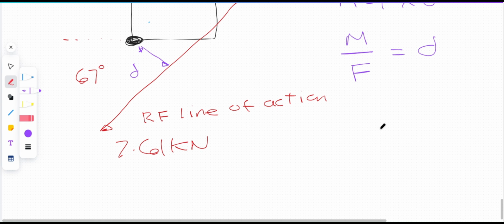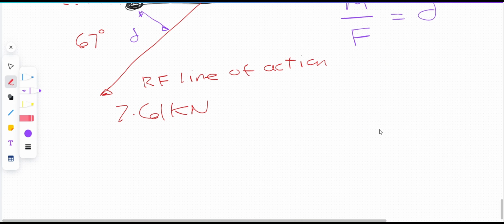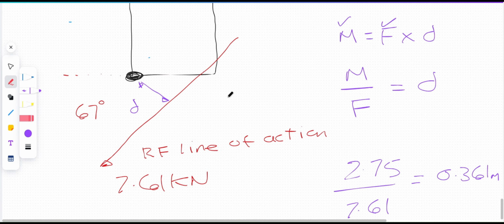The moment was 2.75, and the force was 7.61. They've both got kilo behind them, so they cancel out, so I put it in. That gives me 0.361 of a meter. All that means is the perpendicular distance away, this line of action, 0.361 meters away. So you want to label that as well.